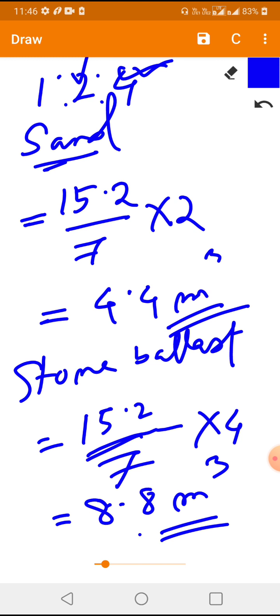Now it is time to calculate the quantity of steel. Okay.